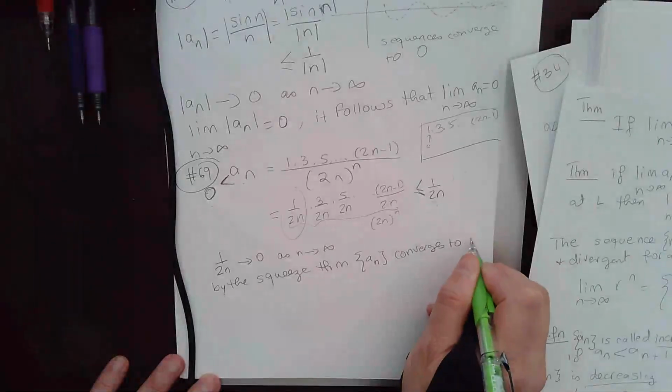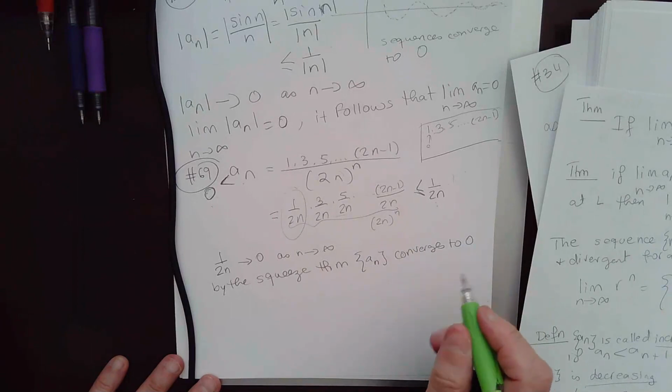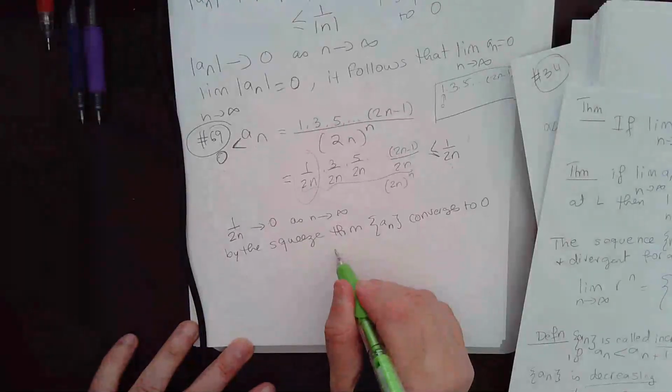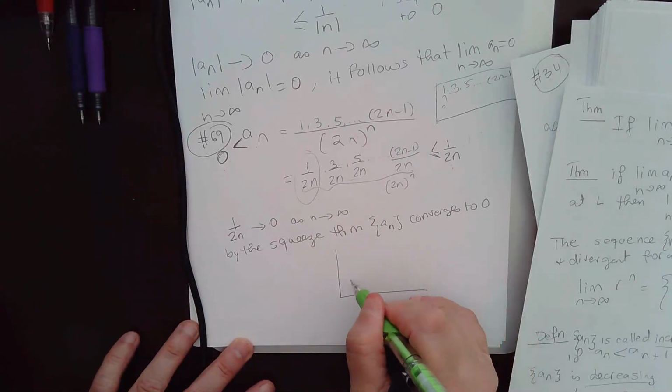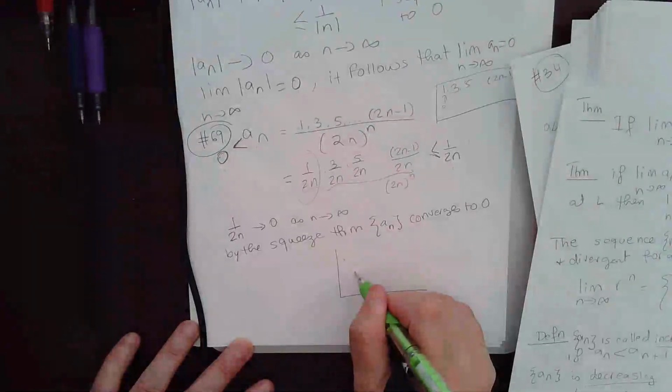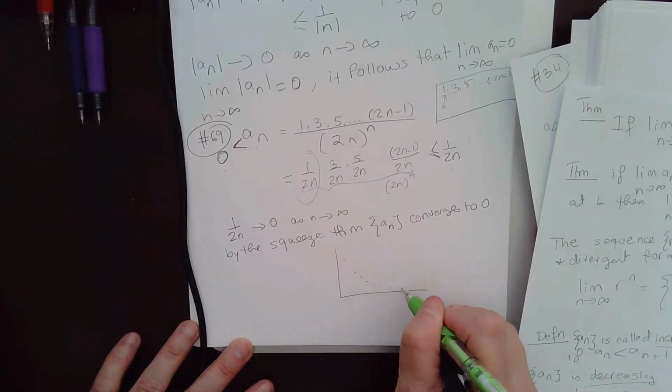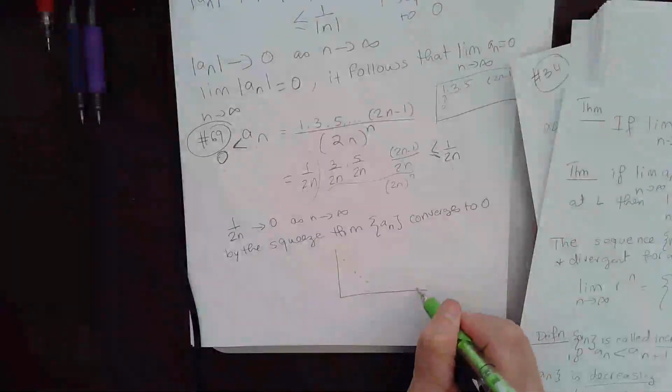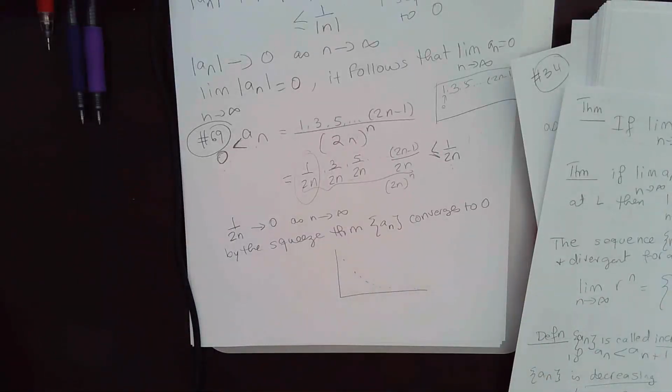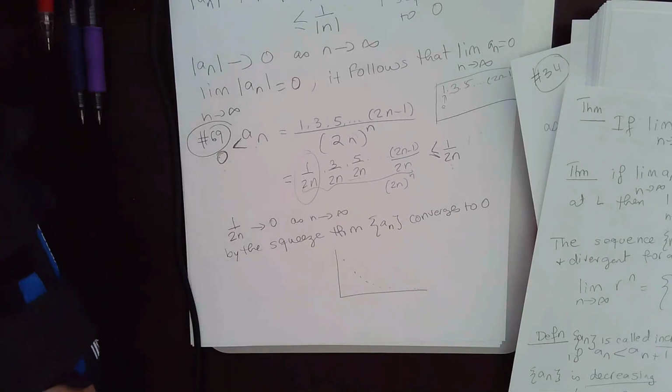To 0. And you can see it from the graph. I didn't graph it, but it's going to look like this. a_n converges to 0. So this is number 69. I'm going to stop here and see you next time.